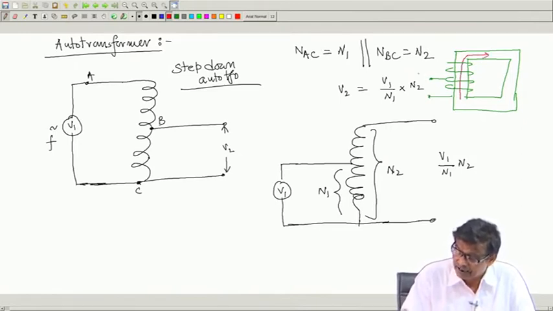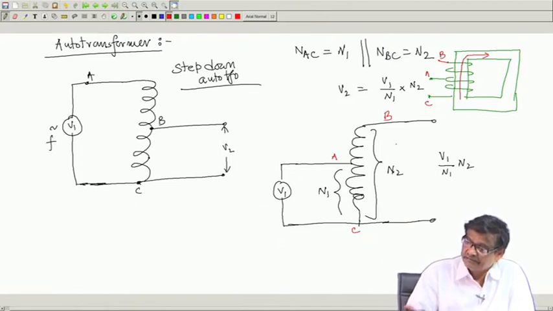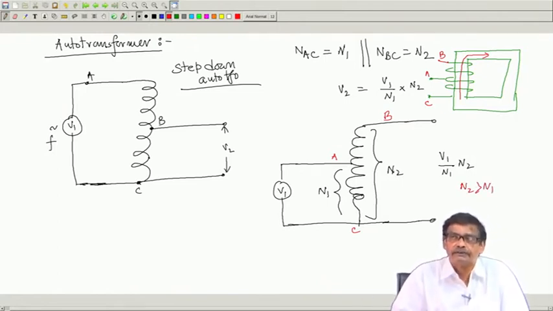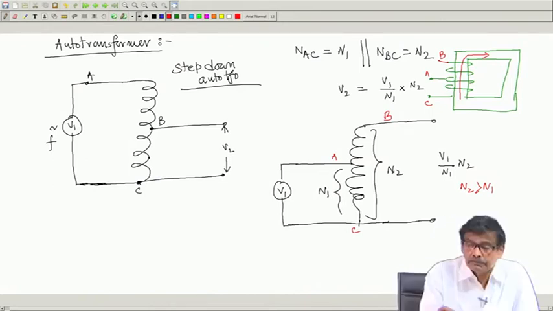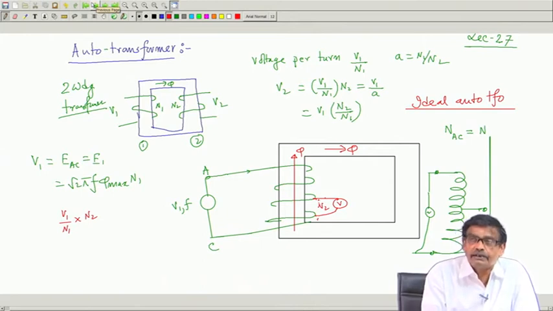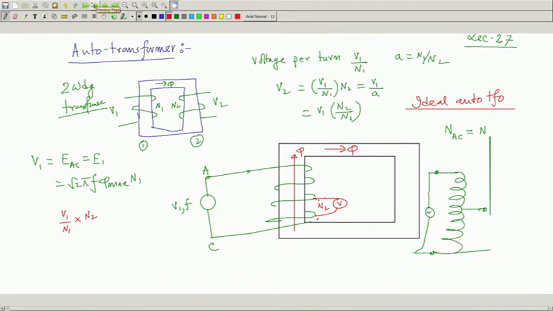So this is your A in this case, this is your C, and this is your B. So N_BC, that is N2 turns, is more than N1, and you can also step up the voltage. Therefore, one can use a single coil like this instead of a two winding transformer, where you are using two coils.